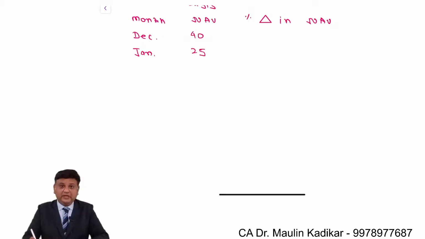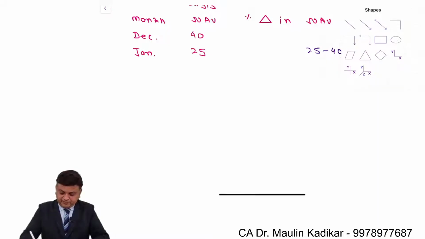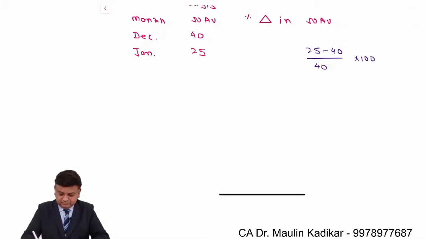NAV, I am writing 25 rupees. So the percentage change in NAV will be found as 25 minus 40 upon 40 into 100. So 25 minus 40 is negative 15 upon 40 into 100, which is negative 37.5.